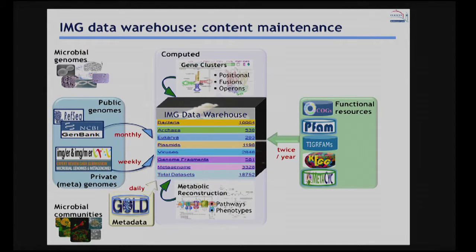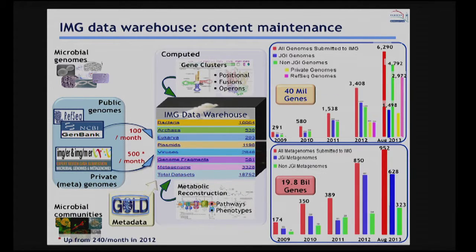And what really matters are these numbers of the growth of the amount of data. This is what we are tracking pretty much on a daily basis: how many new genomes are we getting from the public domain, again, because we want to have the whole universe of genomes and as many metagenomes as we can in order to improve the quality and the power of the comparative analysis that is conducted by scientists.